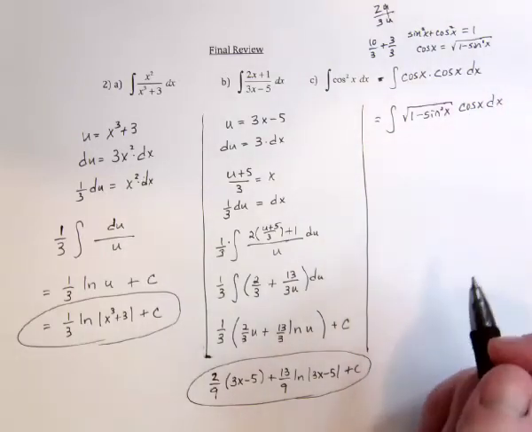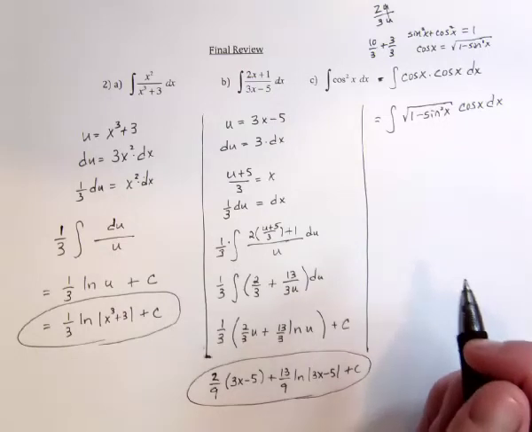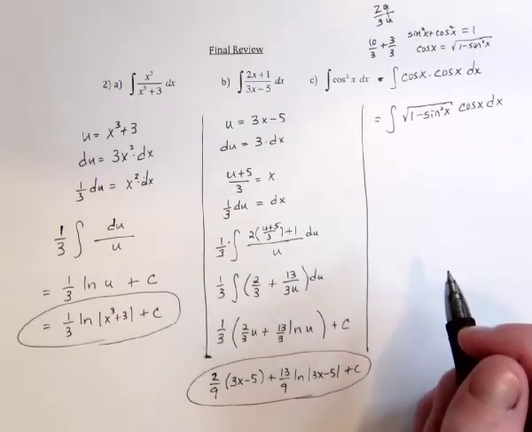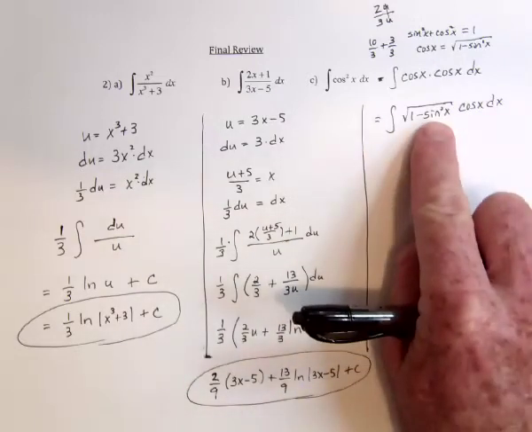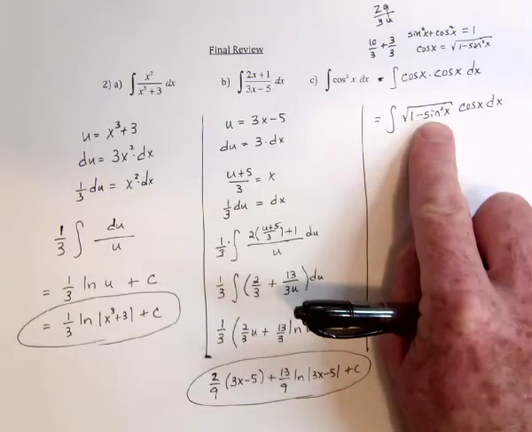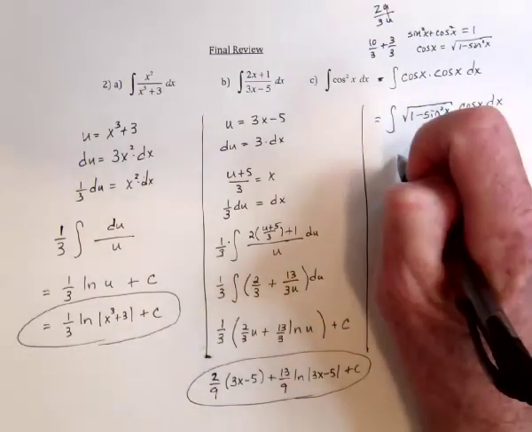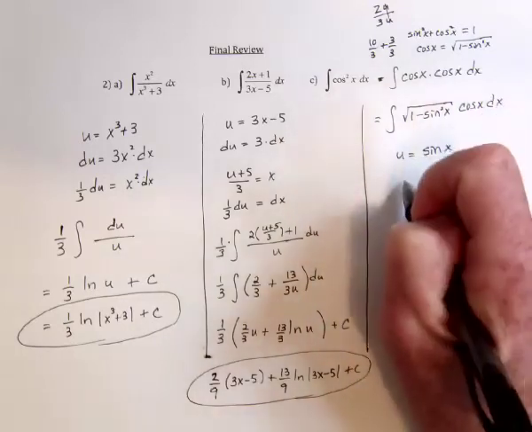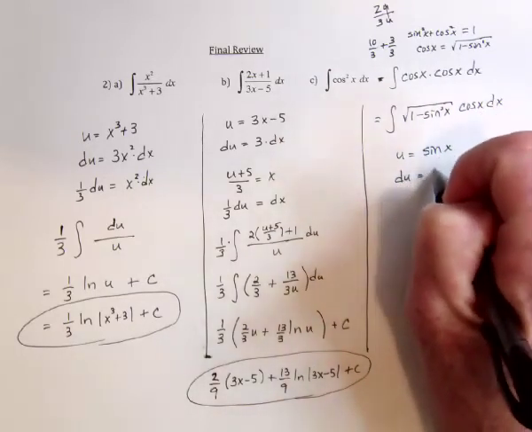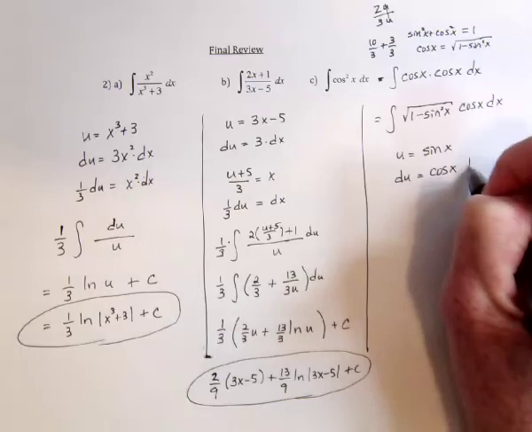Well, now that I look at it, my plan changes just slightly, because when using u substitution, you should try to use the inside function, which is that sine in there. And so we're going to let u equal sine of x. The derivative of that is cosine of x.